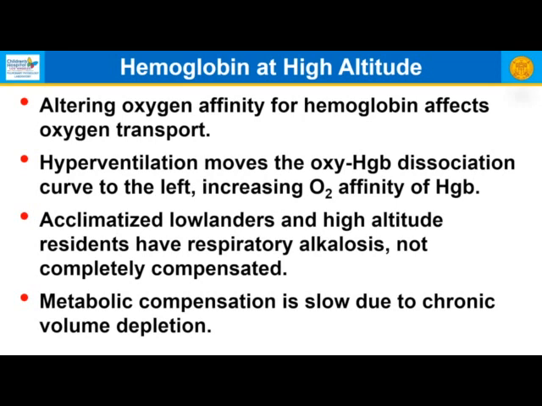Altering oxygen affinity for hemoglobin does affect oxygen transport. So hyperventilation moves the oxyhemoglobin association curve to the left, increasing the O2 affinity of hemoglobin. Acclimatized lowlanders and highland residents have respiratory alkalosis that is not completely compensated. Metabolic compensation is slow due to chronic volume depletion.